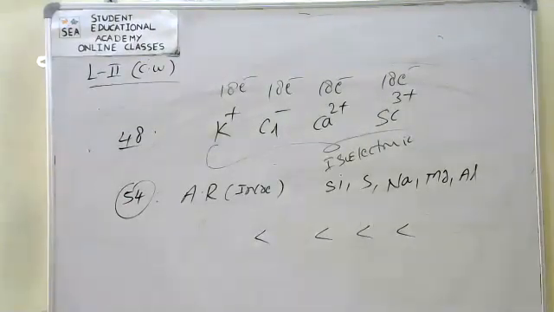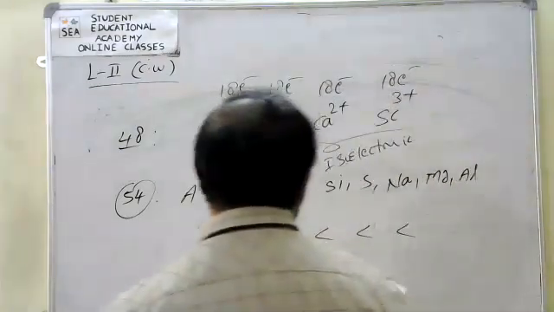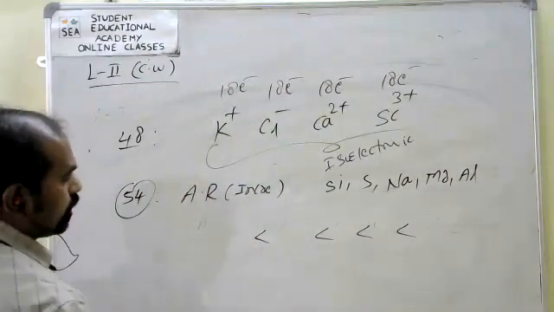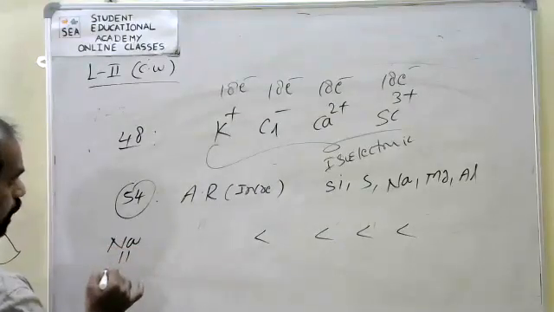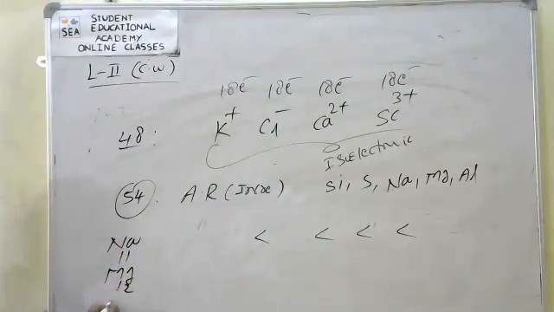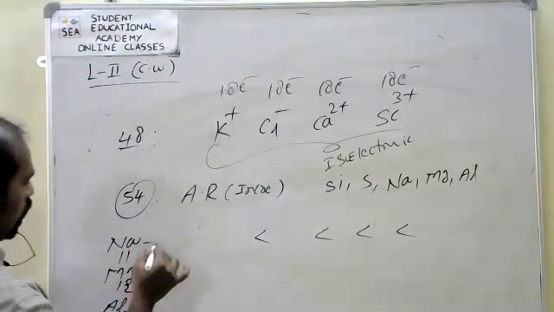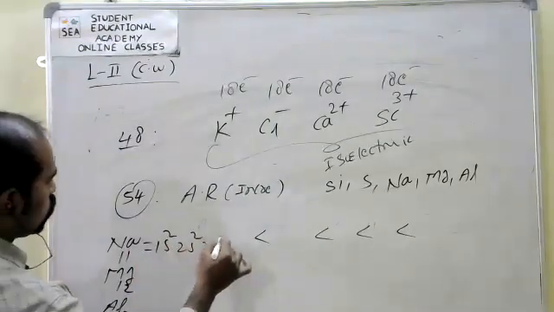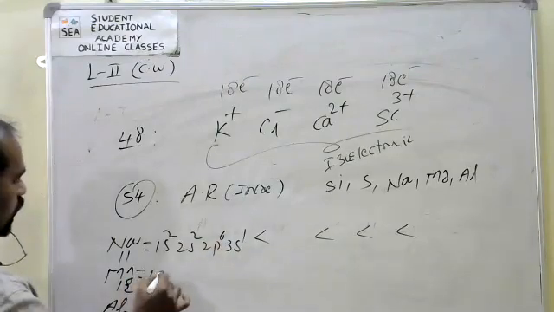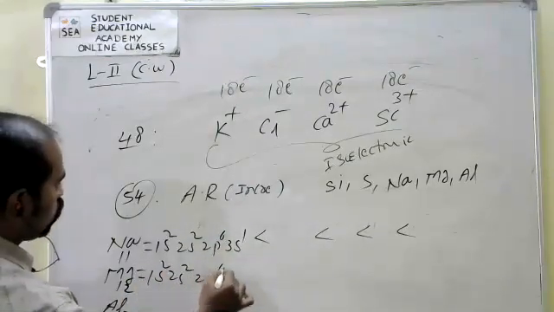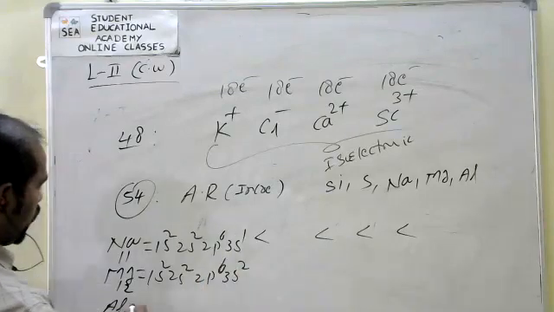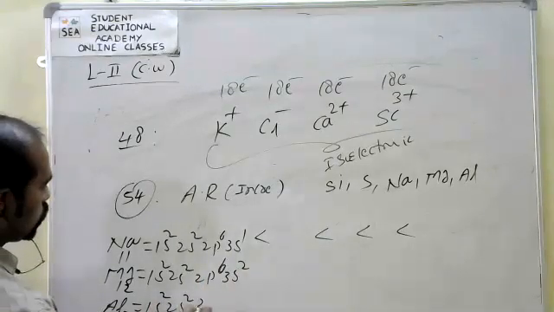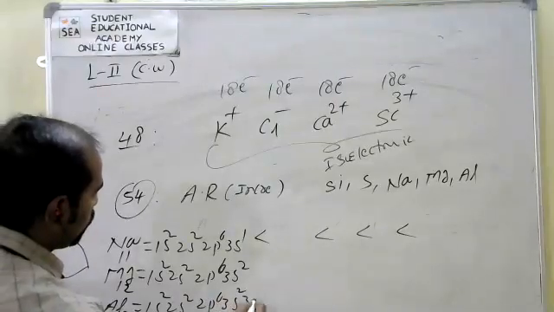How to say that? Protons. See, sodium, magnesium, aluminum, silicon, sulfur: all these are 1s2, 2s2, 2p6, 3s1. Next, 1s2, 2s2, 2p6, 3s2. Next, 1s2, 2s2, 2p6, 3s2, 3p1.